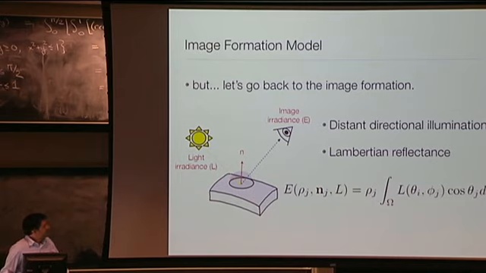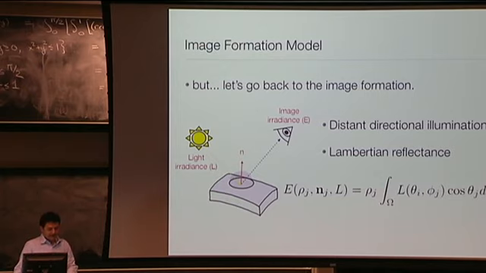Then, assuming a distant directional light source and a surface with Lambertian reflection, the image formation can be expressed in the following form, where E corresponds to the image irradiance, rho to the albedo, and L to the light, parameterized in this case by two angles with respect to the normal of the surface.